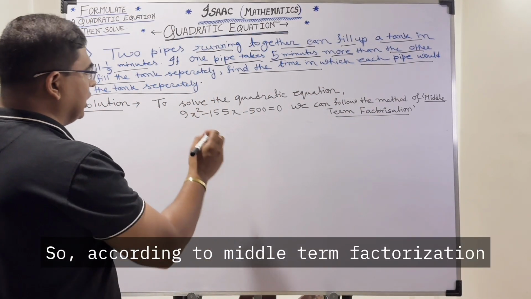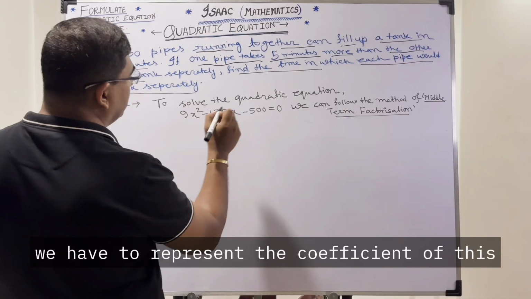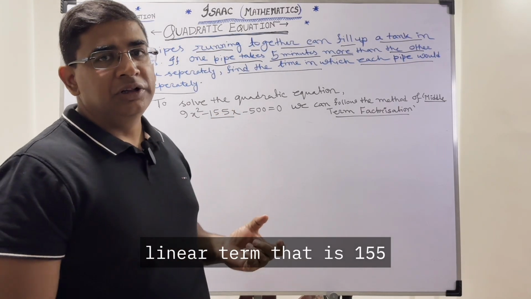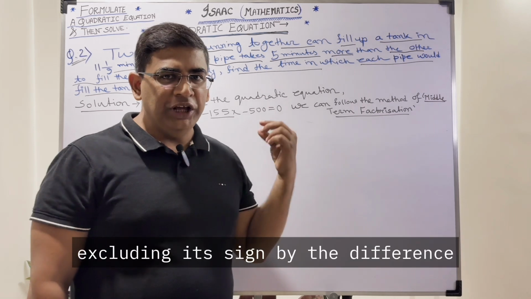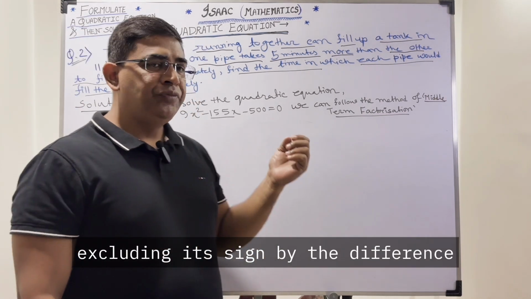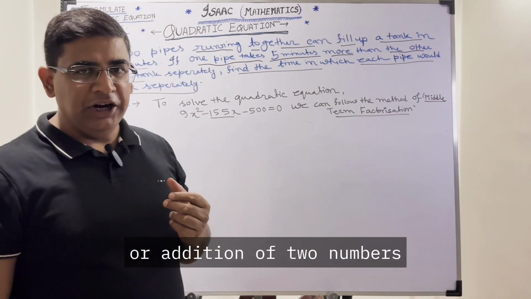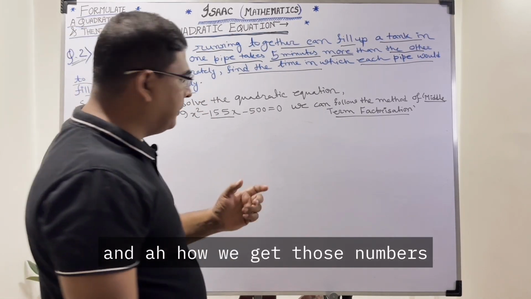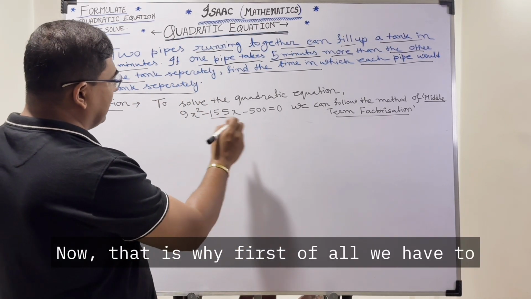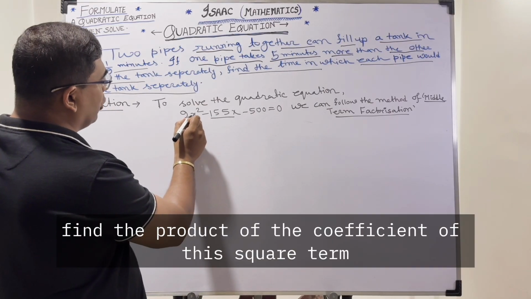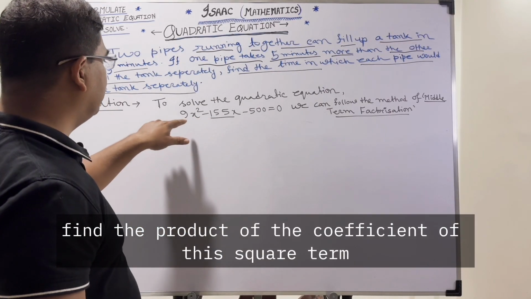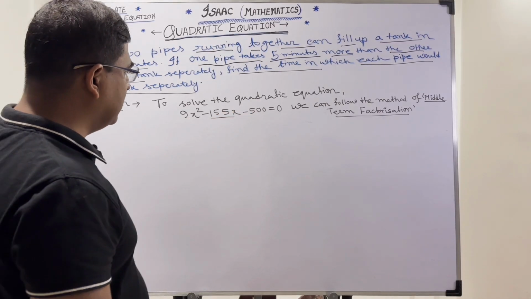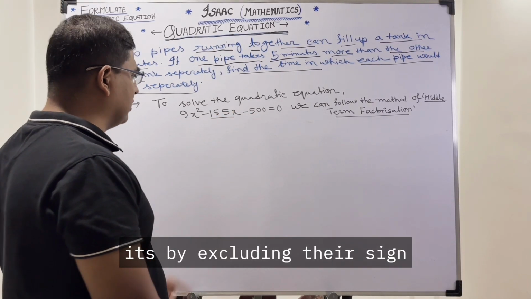So according to middle term factorization, we have to represent the coefficient of this linear term, that is 155, excluding its sign, by the difference or addition of two numbers. And how we get those numbers? That is why first of all we have to find the product of the coefficient of the square term and the constant term, excluding their sign.